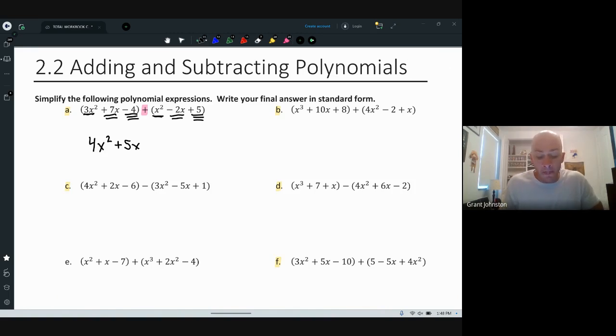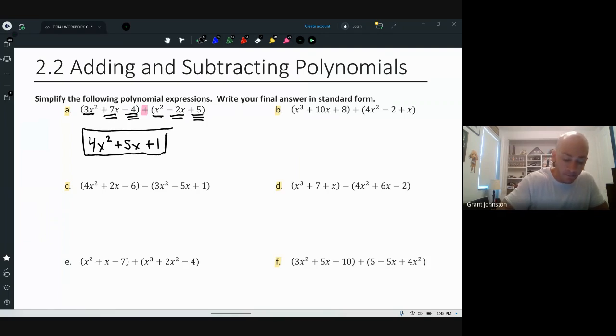Then negative 4 plus positive 5 is 1. And there we have it. This froze. Oh, there we go. 4x squared plus 5x plus 1.